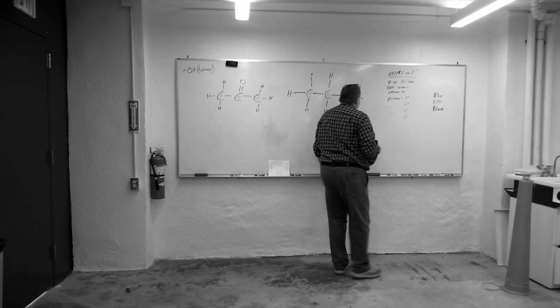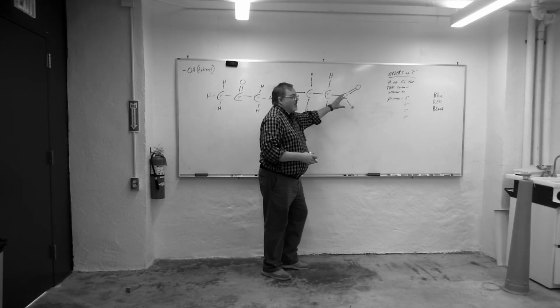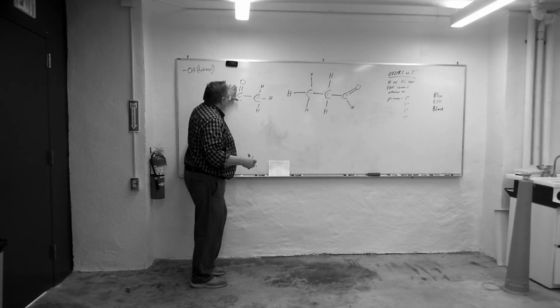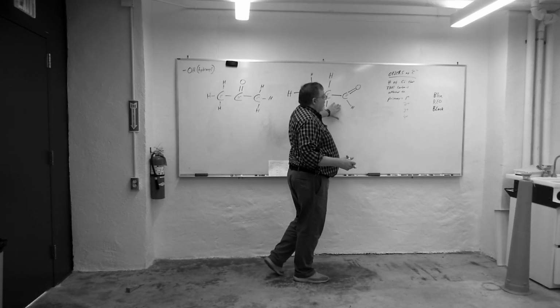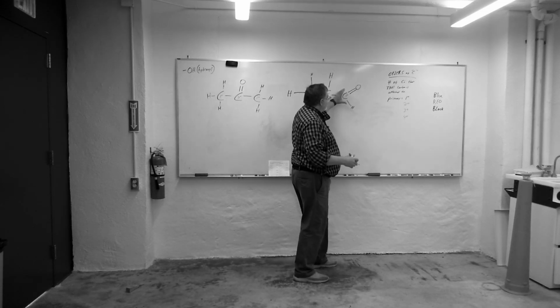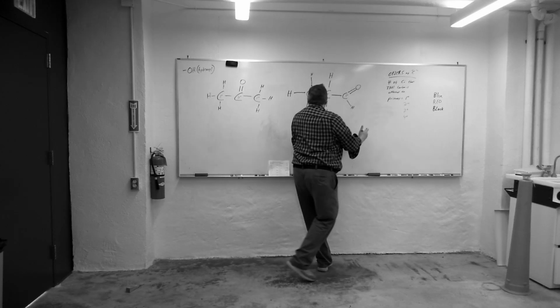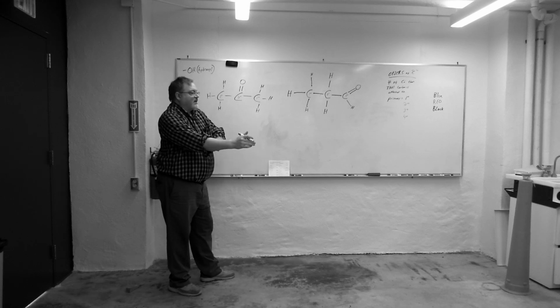But specifically, one way to look at it is aldehydes have the double bonded oxygens on the end of the chain, and ketones have the double bonded oxygen somewhere in the middle of the chain. But another way to say it is aldehydes involve a primary carbon in their structure. This part is what defines it as an aldehyde. And ketones are connected to a secondary carbon. That's just another way to say it.